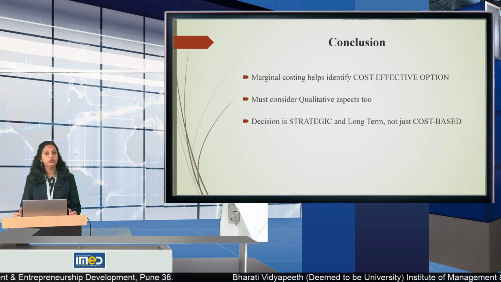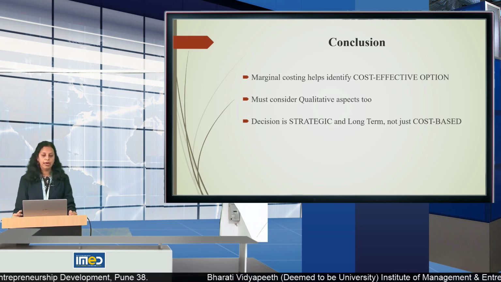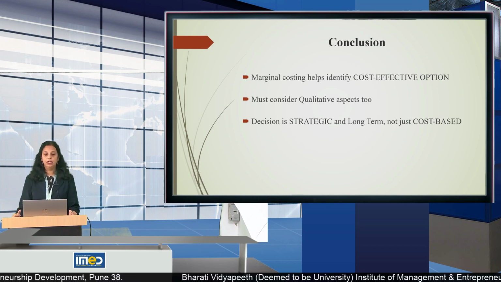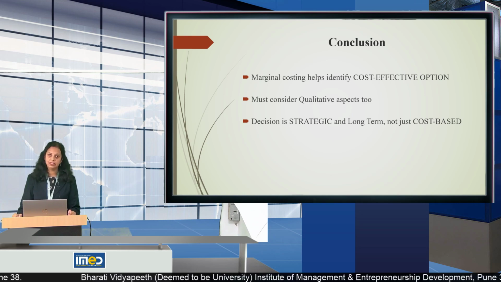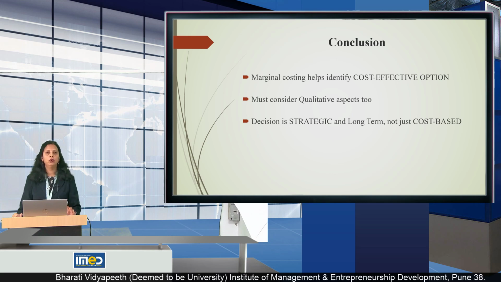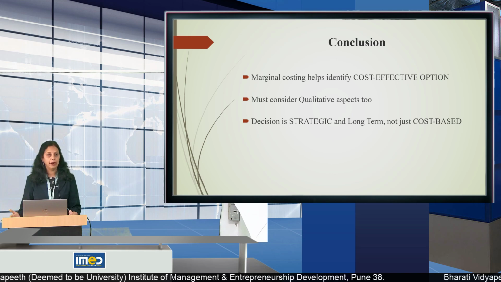So the conclusion of this is that marginal cost actually helps to identify cost-effective options for the company. So you must consider qualitative aspects and quantitative aspects. You are aware of the decision rule of management. You have to consider the decision from all angles. You have to look at the impact in short term and in long term, and you have to take the wise decision.